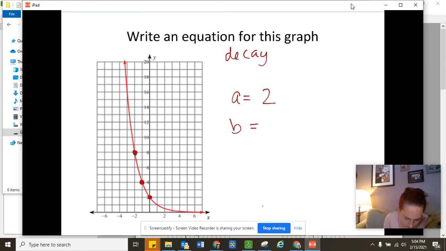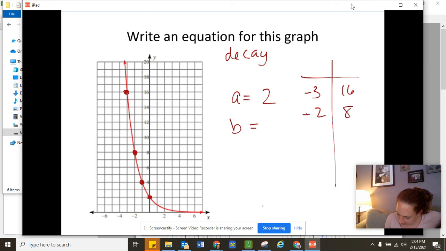So if we're going from left to right, if I'm making my table, at -3, it's 16. At -2, it's 8. At -1, it's 4.